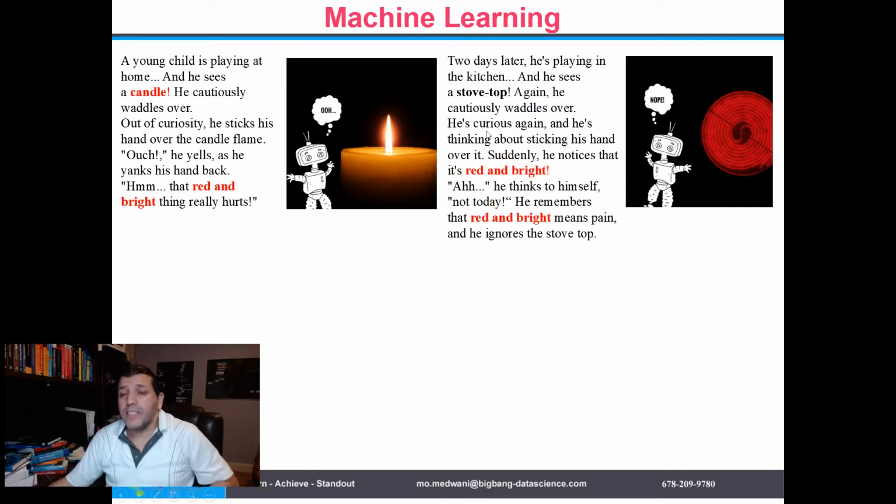That's true. So the same child was walking, and the next day or 2 days later, he was walking in the kitchen and he saw a stove top. It's red and bright, and of course, out of curiosity again, he wants to discover what is going on here.